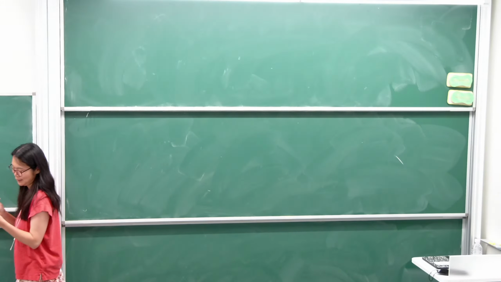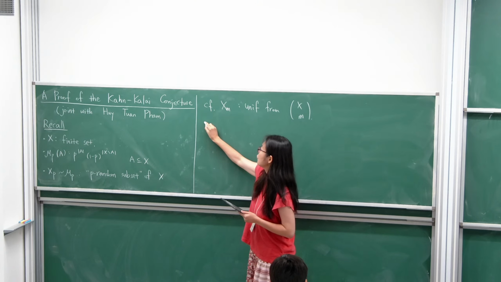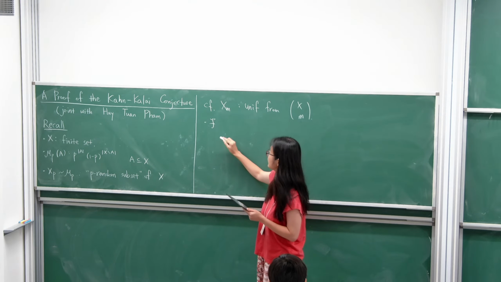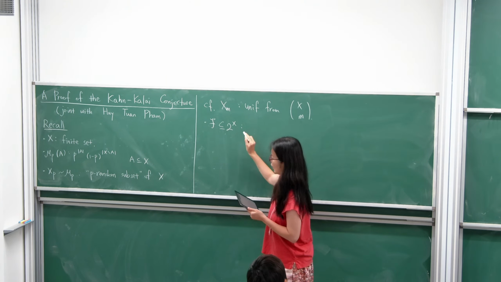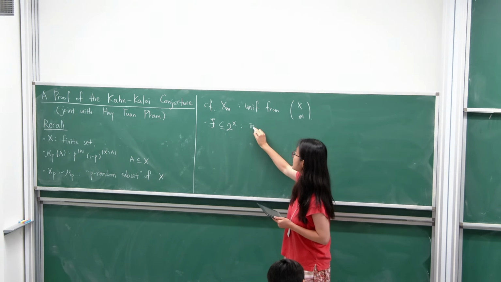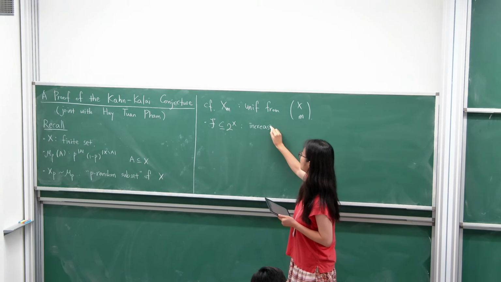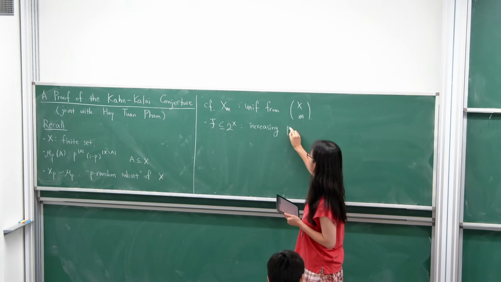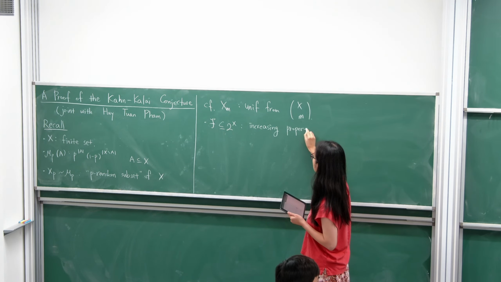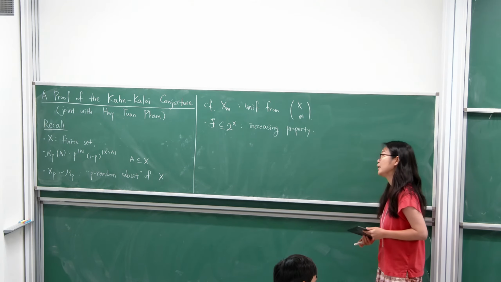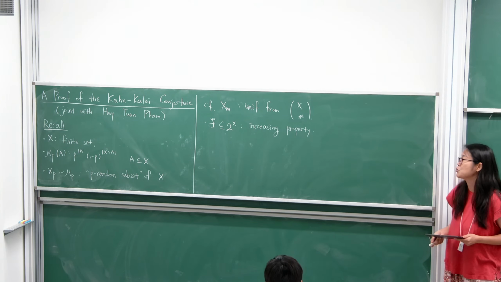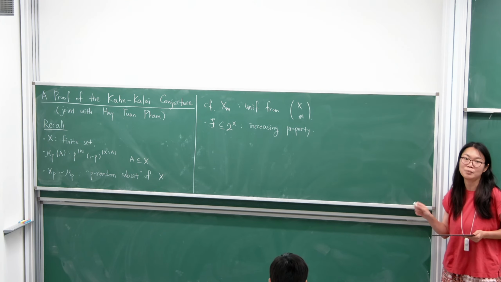Yes, that's right. Okay, and then we use this calligraphic F in 2 to the X for an increasing property. Roughly speaking, an increasing property means we cannot destroy this property by adding an element.